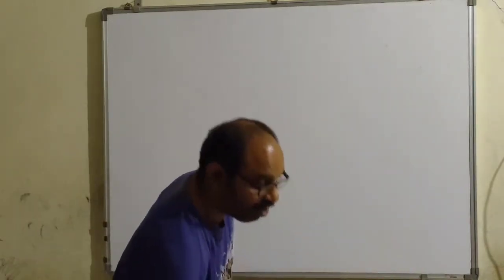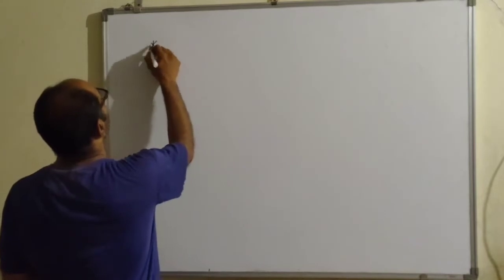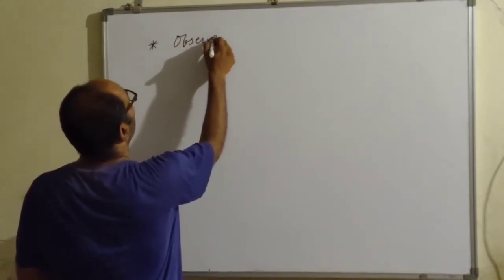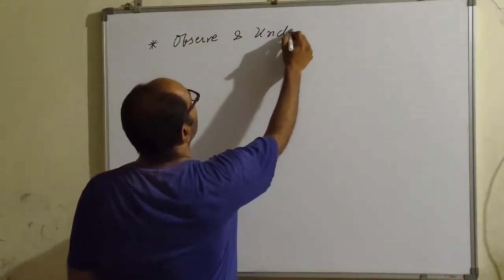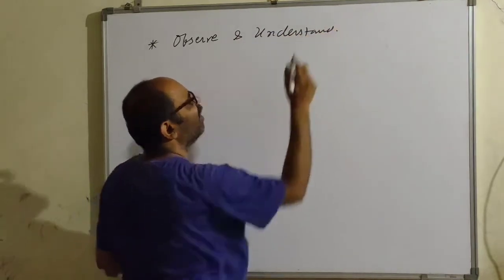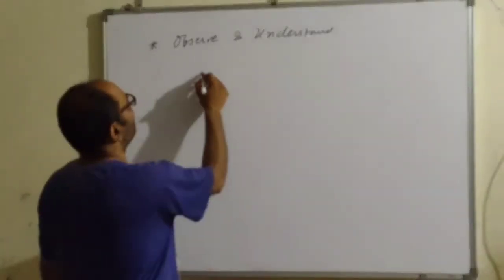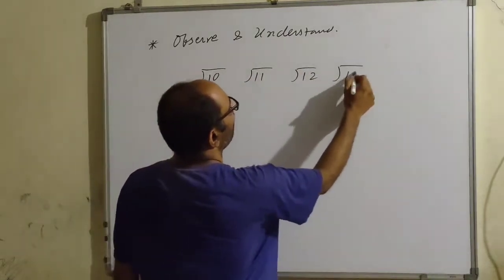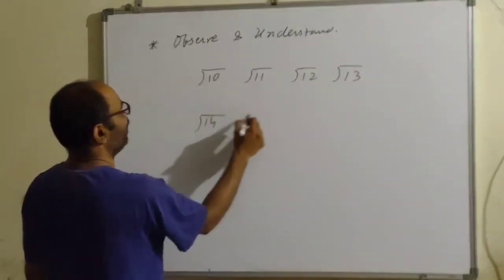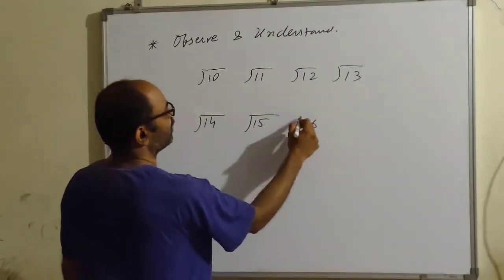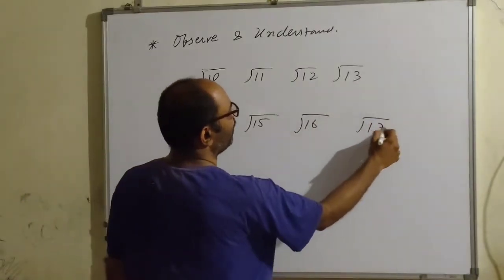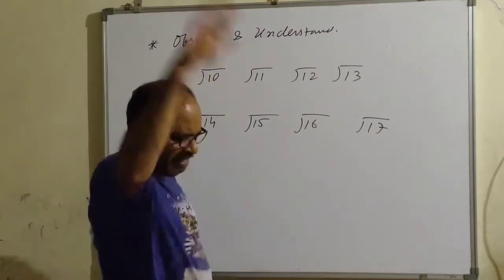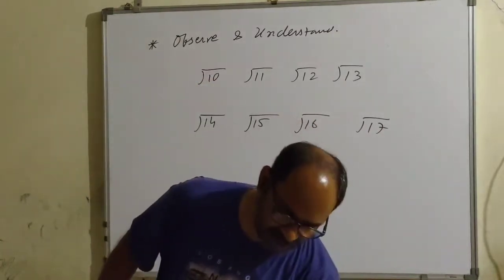All right. Observe and understand. I am taking a few numbers and dividing: 10, 11, 12, 13, 14, 15, 16, 17. You may take hundreds of such numbers.